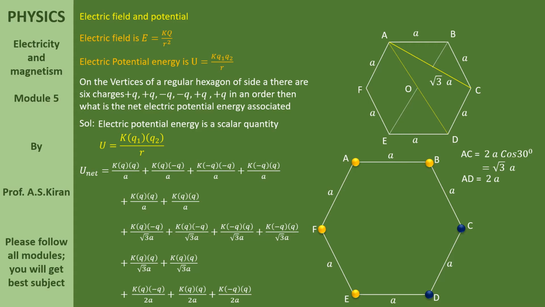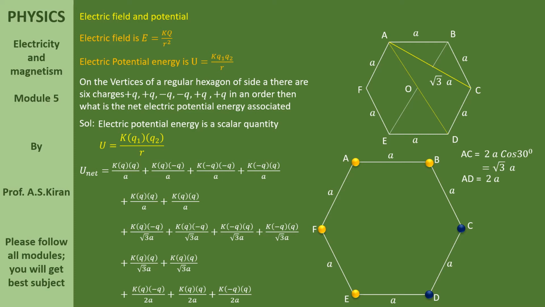Now, do take the pair BD. BD: KQ minus Q by root 3A. Same thing. With the pair CE: K minus Q by root 3A. With the pair DF: K minus Q by root 3A.